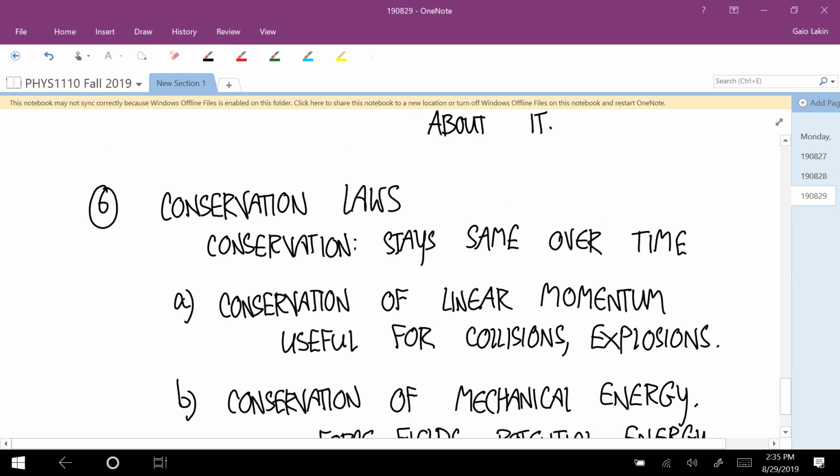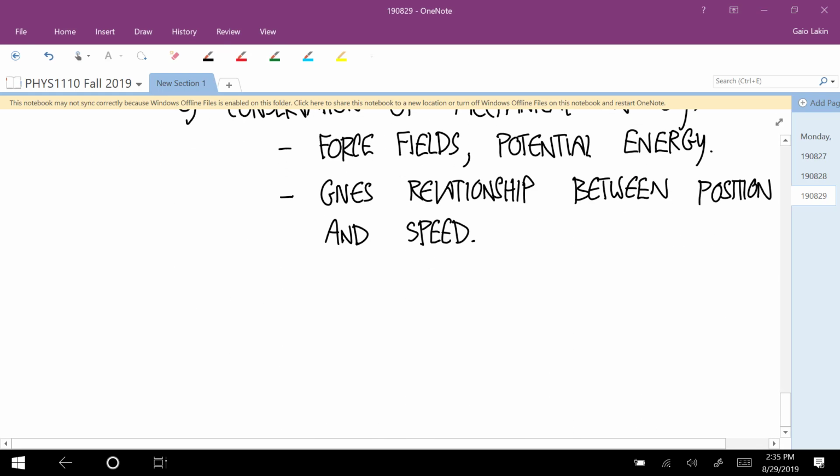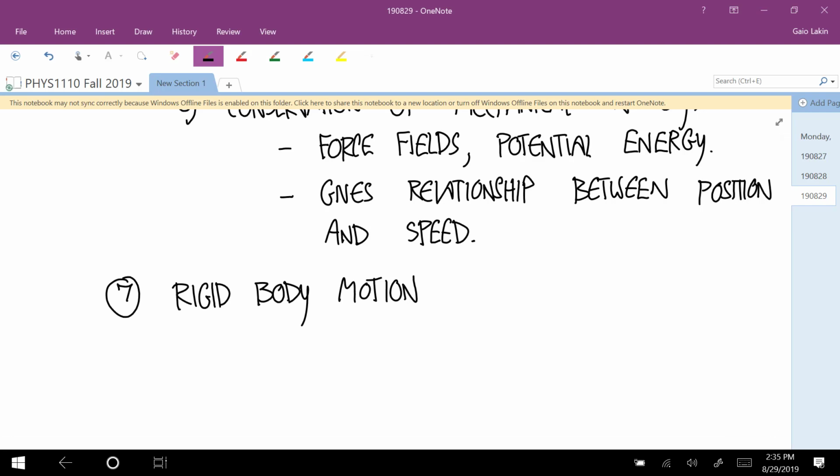And then after conservation laws, the last topic that we're going to get into is rigid body motion. What's different in rigid body motion is this is the first time in the whole class that we're going to be able to do calculations involving orientation. There are a lot of cases where that is a very important thing to know, and we'll get into that.